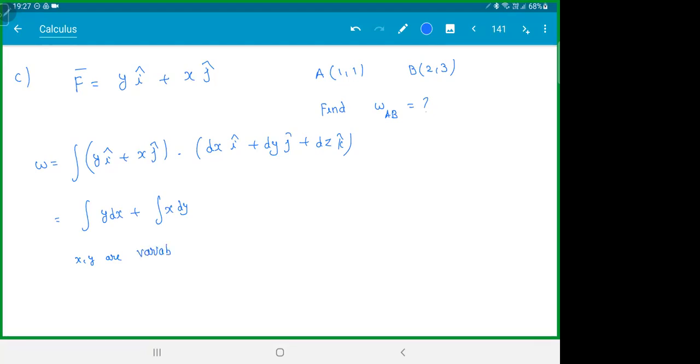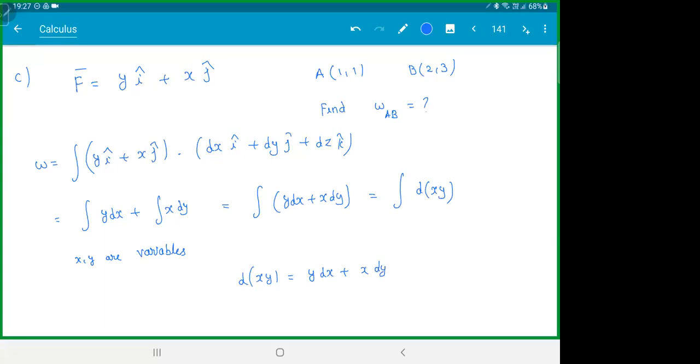So listen carefully, there's a way to do this. You can't integrate them separately, but together something happens. If you take y dx plus x dy together, this becomes integral d of xy, product rule. Check: if you differentiate x into y, what do you get? When you differentiate x, keep y outside; when you differentiate y, keep x outside.